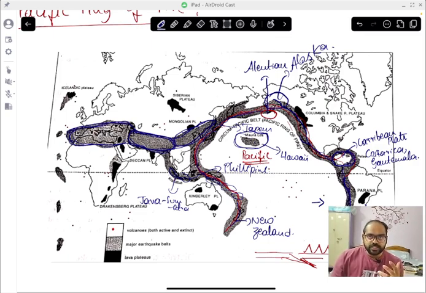Why do earthquakes happen in this place? Due to convergence of the Eurasian plate and the Indian plate, and this Himalayan belt extends up to northwest China. Okay, this is about the distribution of volcanoes and earthquakes on the earth.